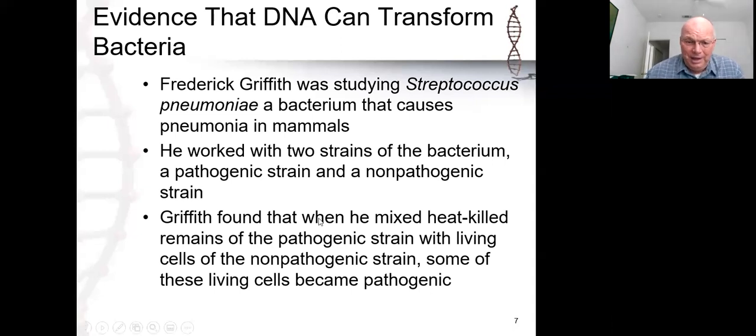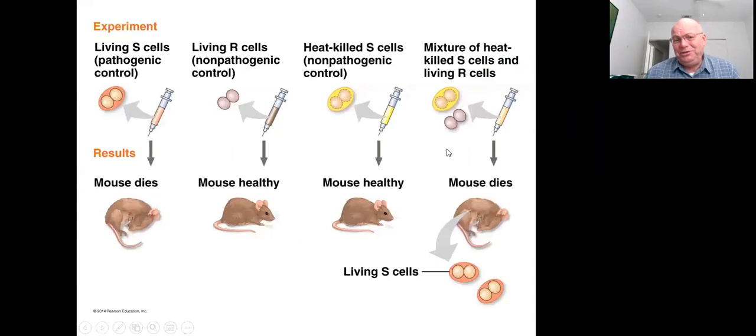And so pneumonia today is not considered to be quite so problematic, although we do now recognize that some strains of pneumonia are becoming resistant to the antibiotics, which is another story for another day, but it is becoming more problematic. So here's the basic technique that Griffith adopted.